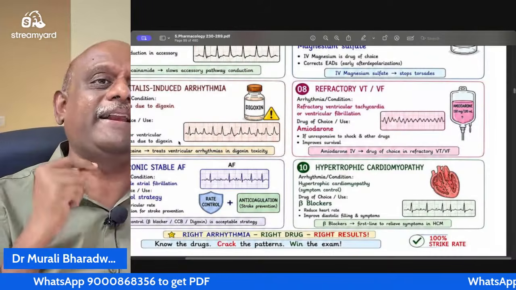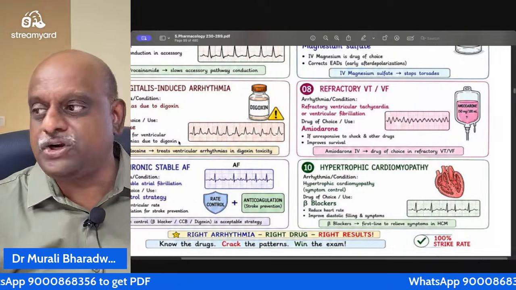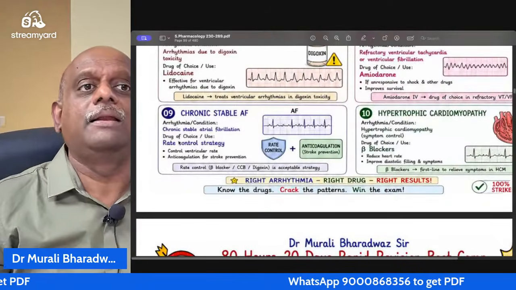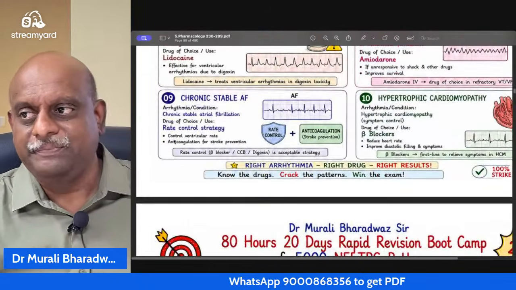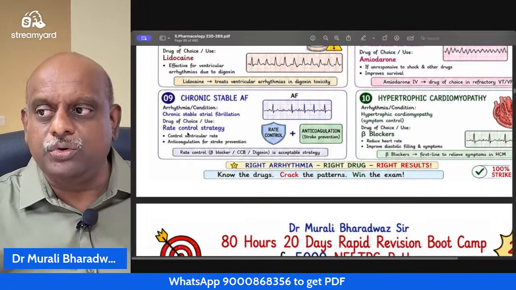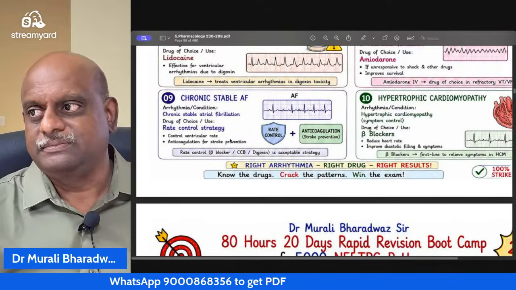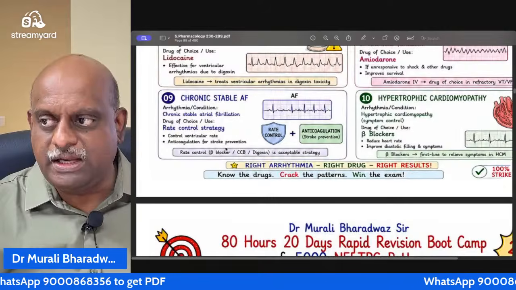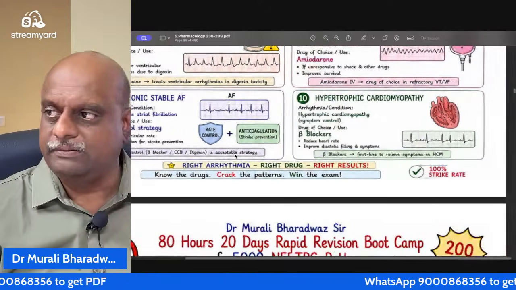So for refractory VT-VF, after the shock you need to give amiodarone. Chronic stable atrial fibrillation, you have to do rate control. There you will give digoxin, a calcium channel blocker or a beta blocker.